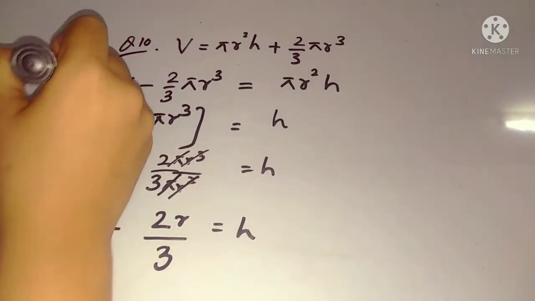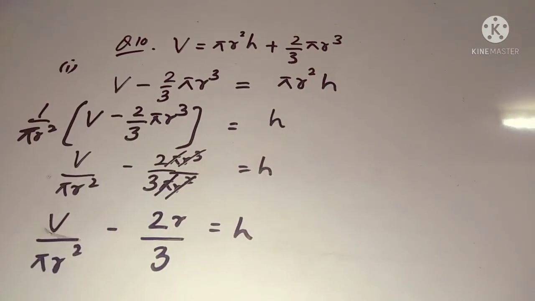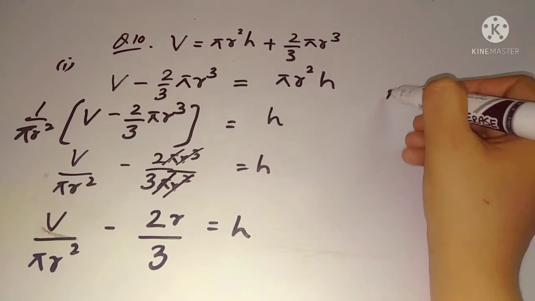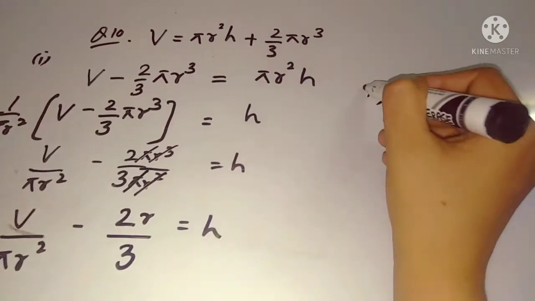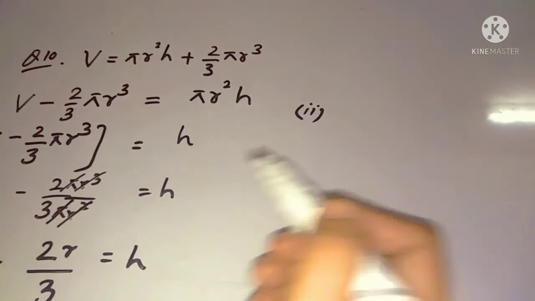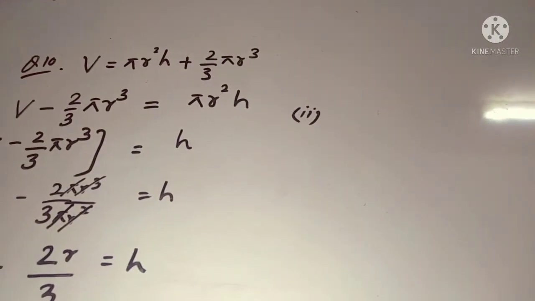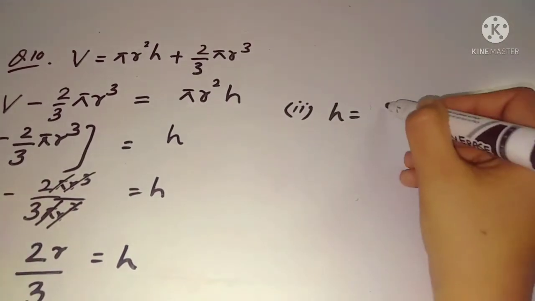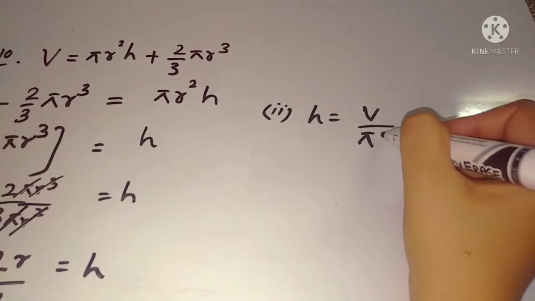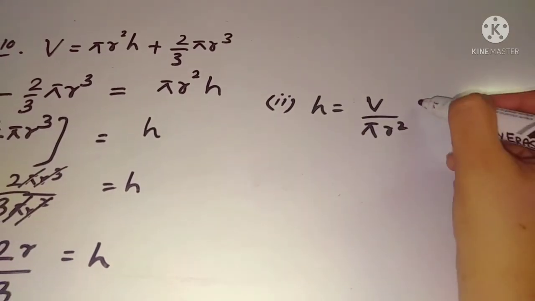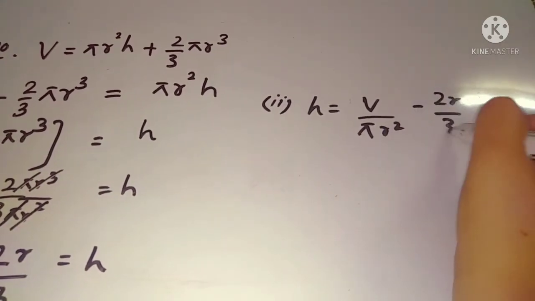This was part 1. Now I'm going to explain part 2. You can write this equation as h is equal to v over pi r square minus 2r over 3.